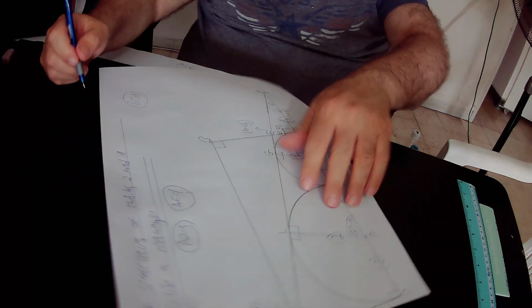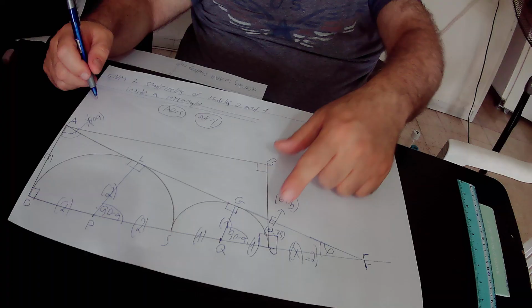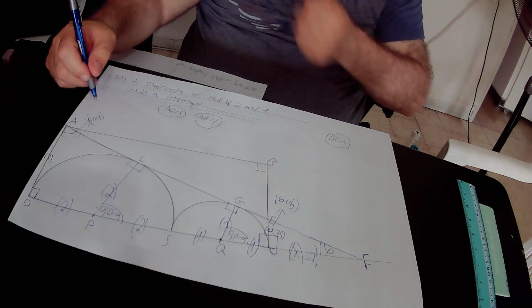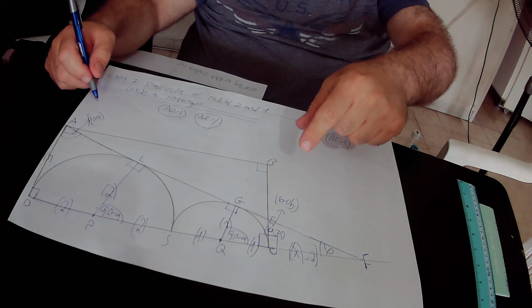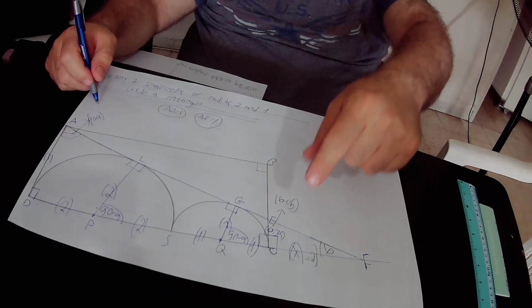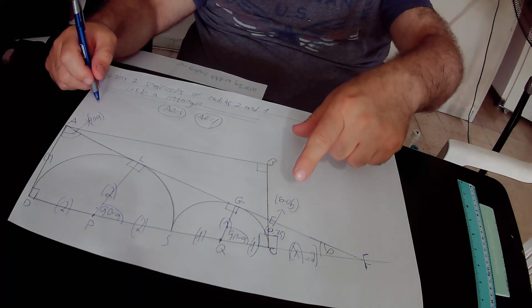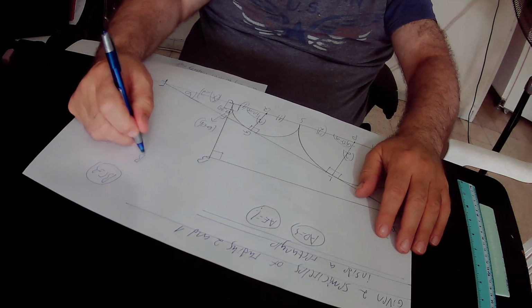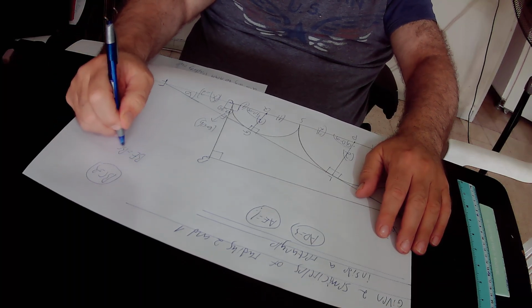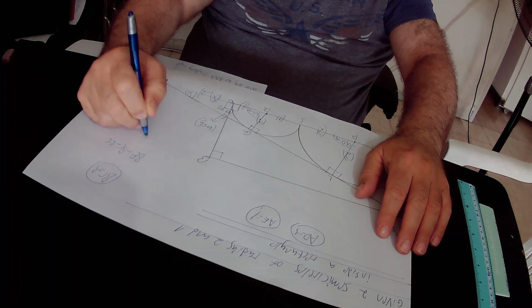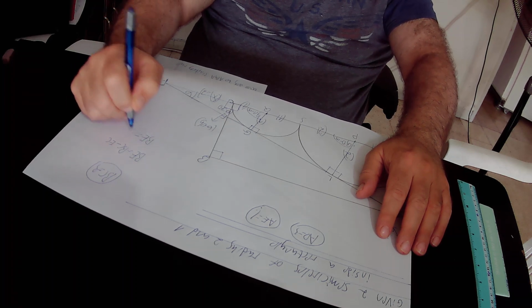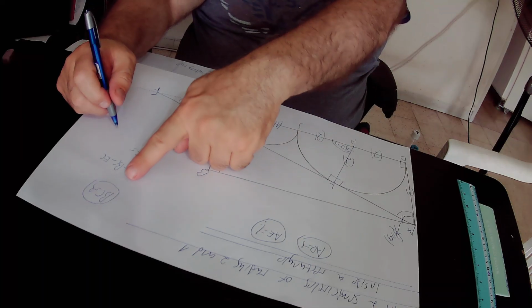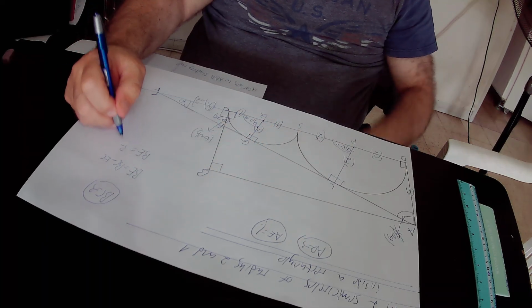What is the length of the missing side BE? From the drawing, it is very easy to see that BE equals BC minus EC. So I write it down. BE equals BC minus EC. BC is 3 minus EC.